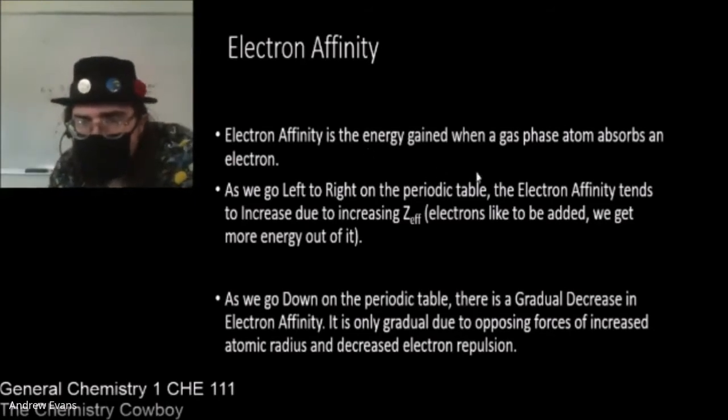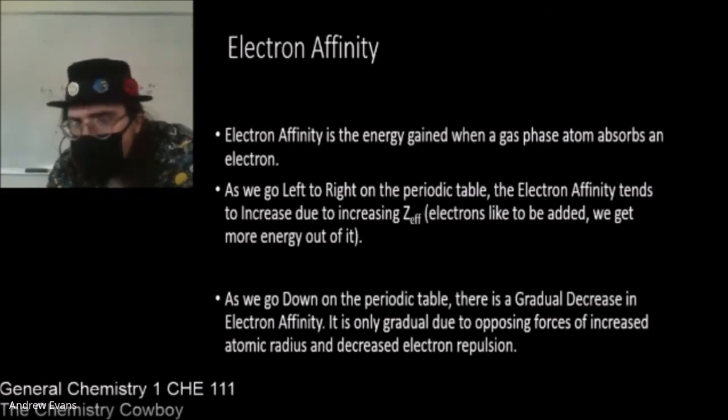So as we move left to right, electron affinity will increase. Why is it going to be increasing? Well, we have a higher Z effective. We have more attractive forces, so we get more energy out of it.